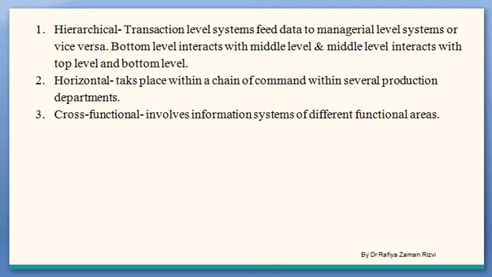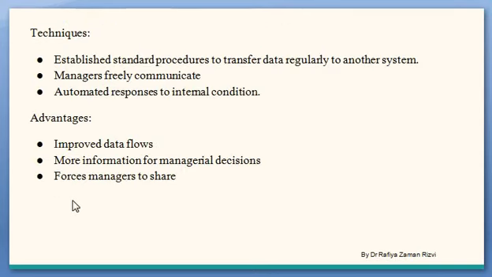So the data flow is very good. Then there is more information for managerial decisions. The managerial level needs to take many decisions every day, and the information they receive is helpful for them, because the more information available to them, the better decisions they can take.